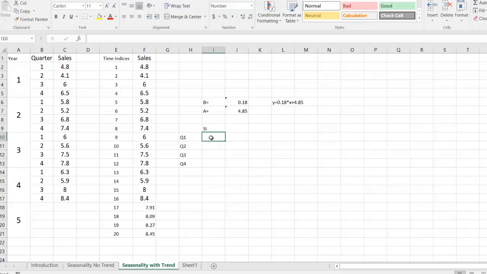The seasonal indices are calculated similarly as the seasonality with no trend.